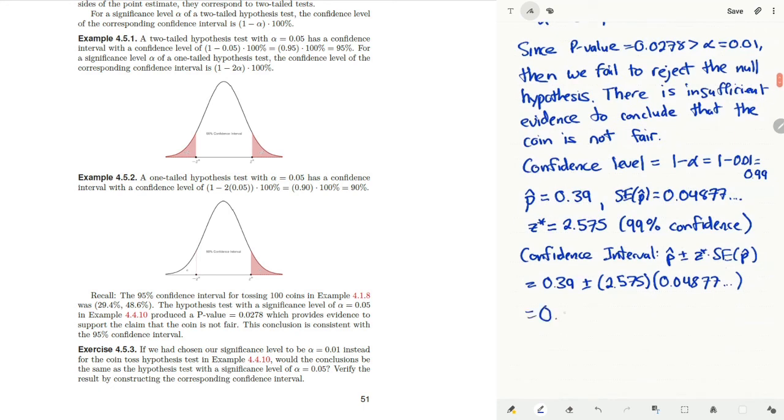So we have 0.39 plus or minus a margin of error of 0.12559, and so our confidence interval is from 0.264 to 0.516.